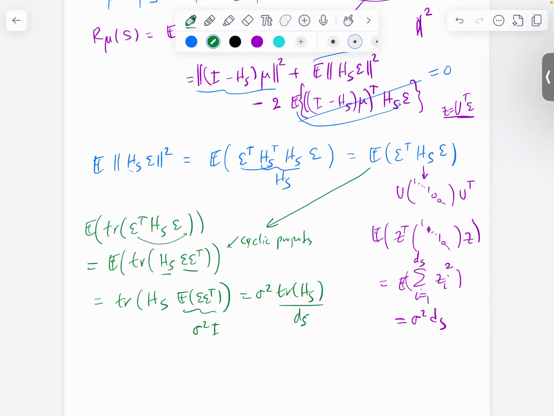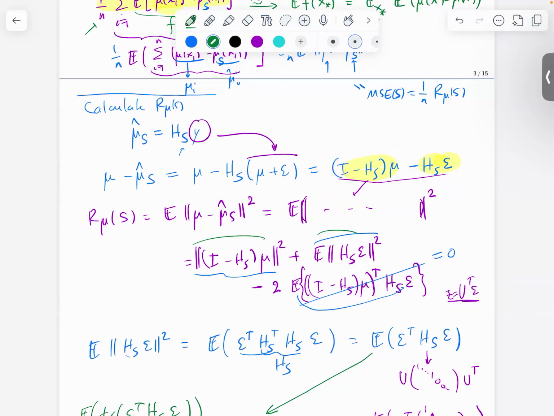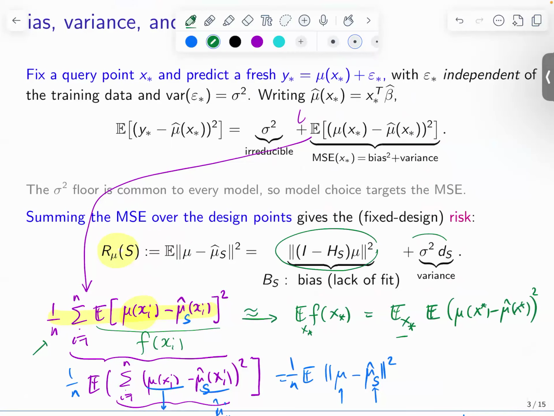Sounds good? So if you go back and plug it in, so we have this and we have that, you'd see that we proved this result. So this risk is this quantity plus that, and this turns out to be really the bias. Another way of dealing with this was to add and subtract the expectation of mu hat S. So mu minus the expectation of mu hat S is the bias, and this turns out to be this term.